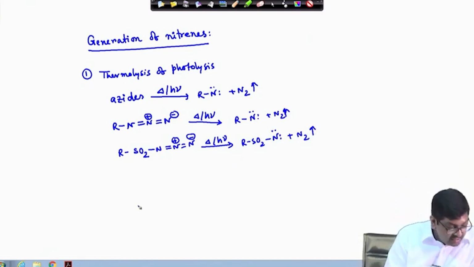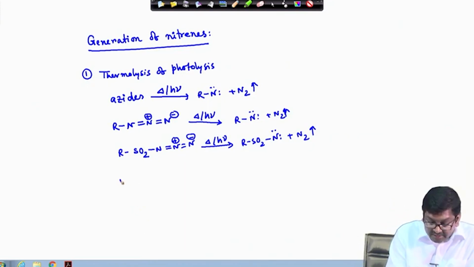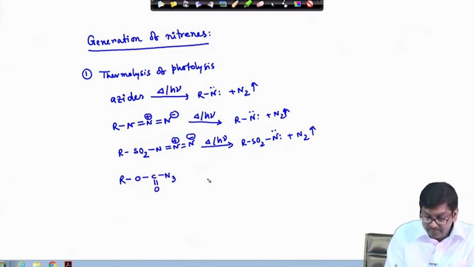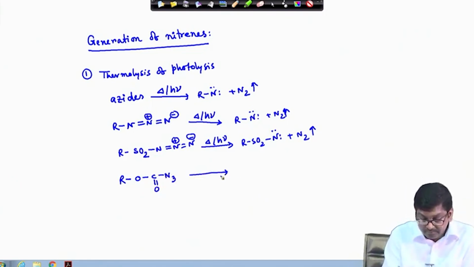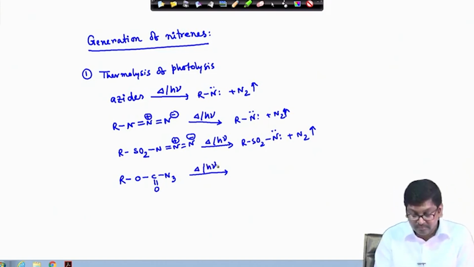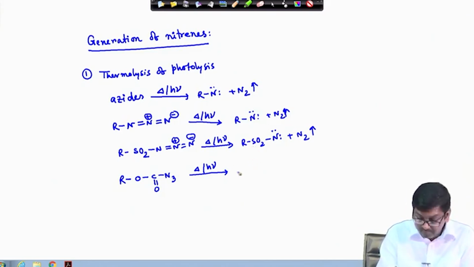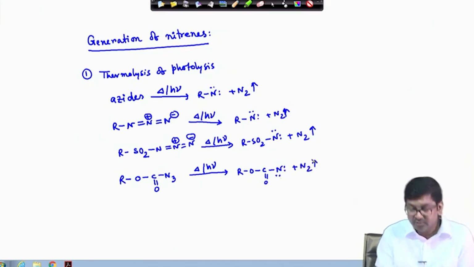Similarly, if you take alkyl azidoformate as starting material, this will also generate the carboalkoxynitrene with nitrogen elimination.